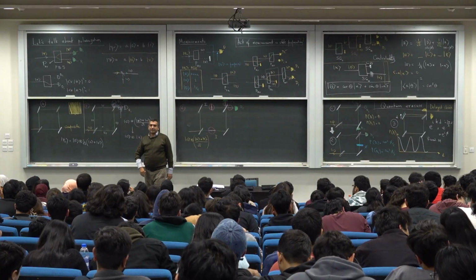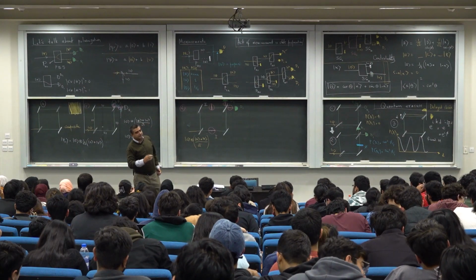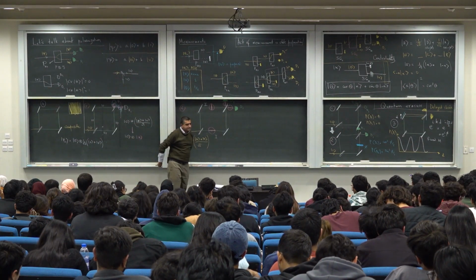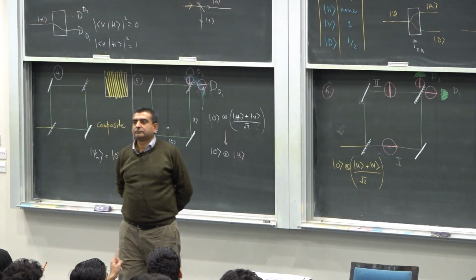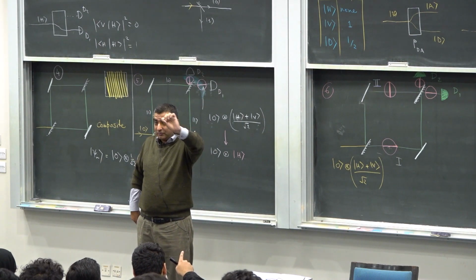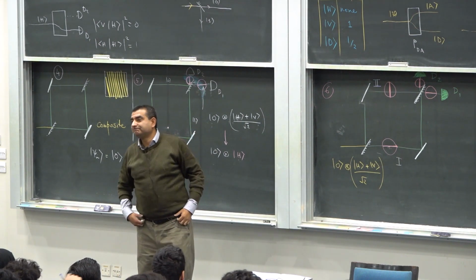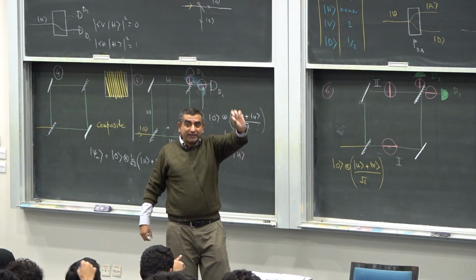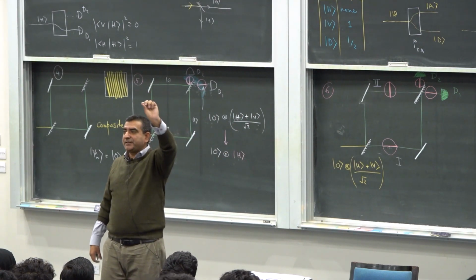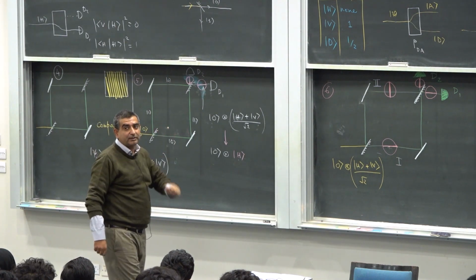Think in terms of the uncertainty principle, path and momentum complementarity. One photon is shot in, only one. One photon is detected. Only one of the two detectors is going to fire.